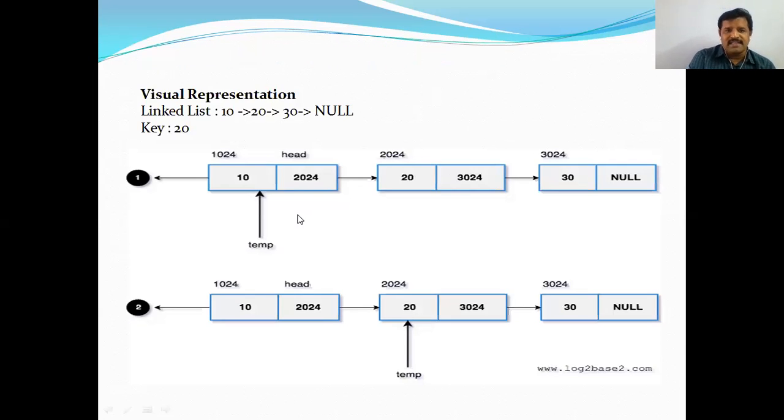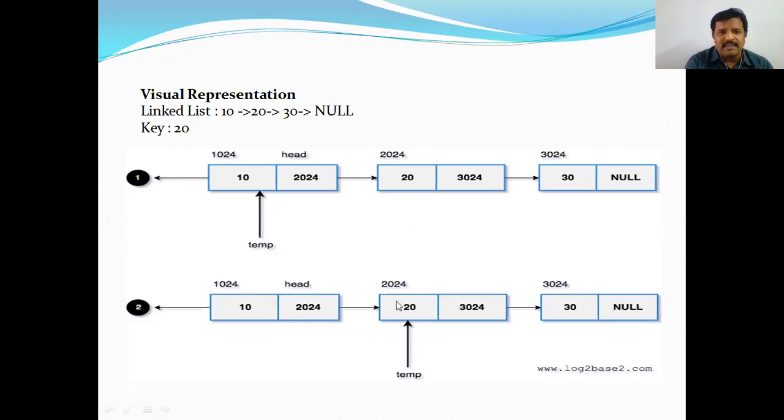See this example. These are the first, second, and third nodes. Here we are searching for the key element, that is 20. First, this 20 is compared with the 10. Is 10 equal to 20? No. Then this temp pointer moves to the next node. So in the second case, temp points to the element 20.